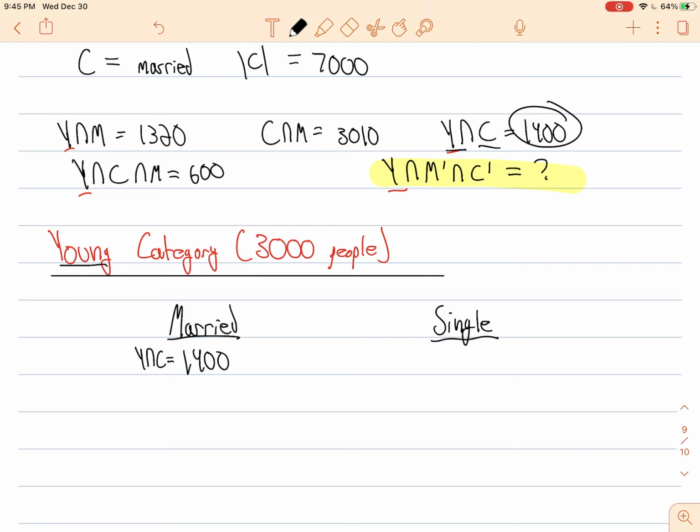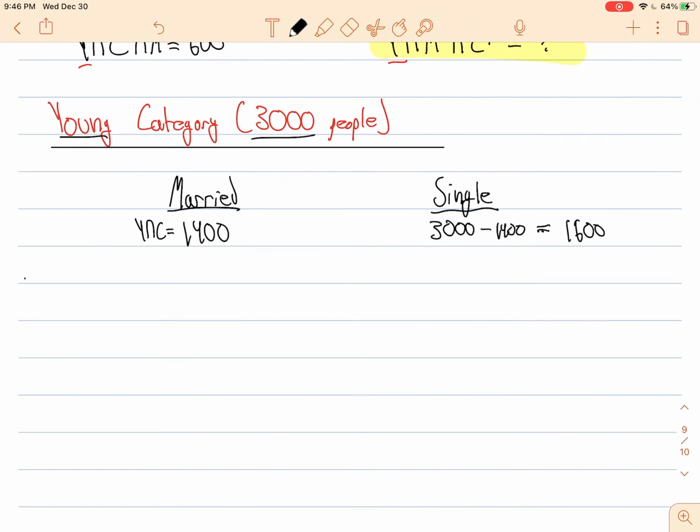And then young and single would just be the complement of that. So there's a total of 3,000 people, so it's just going to be 3,000 minus 1,400. Since there's either married or there's single people, the rest of the 3,000 people that aren't the 1,400 married will be single, so that's 1,600 single. Okay? Now I'm going to do it for male on this kind of like y-axis here.